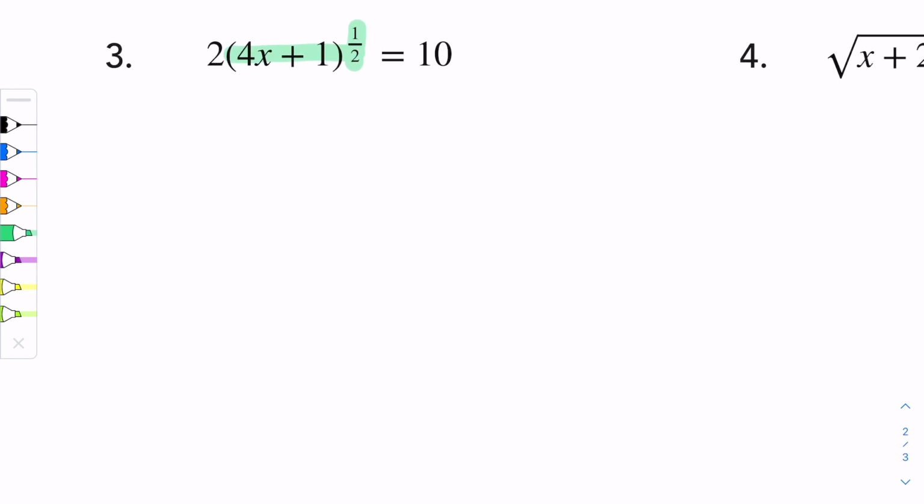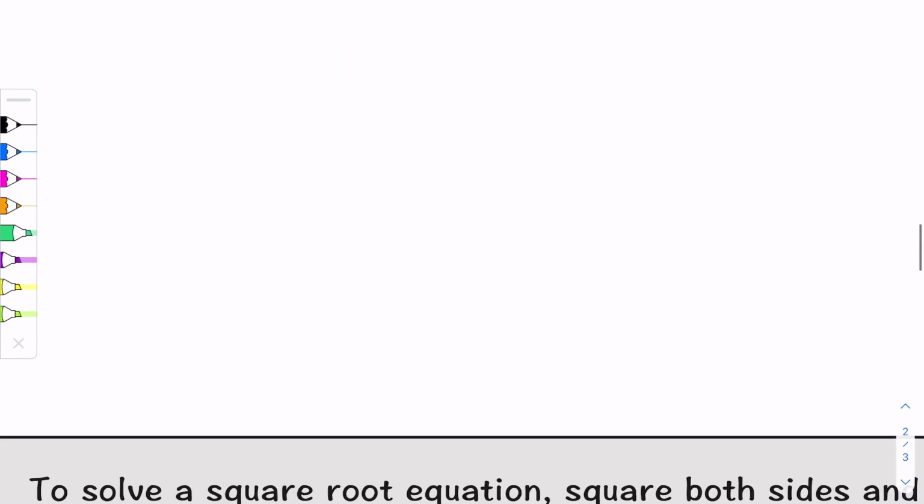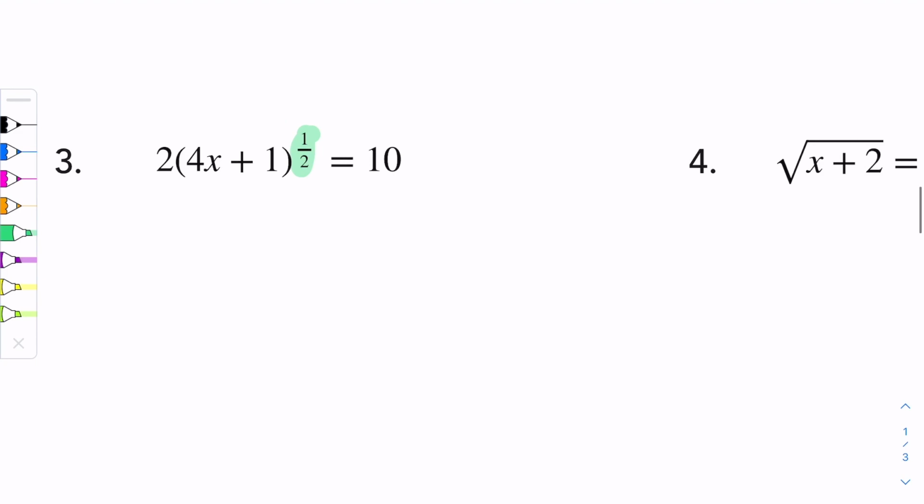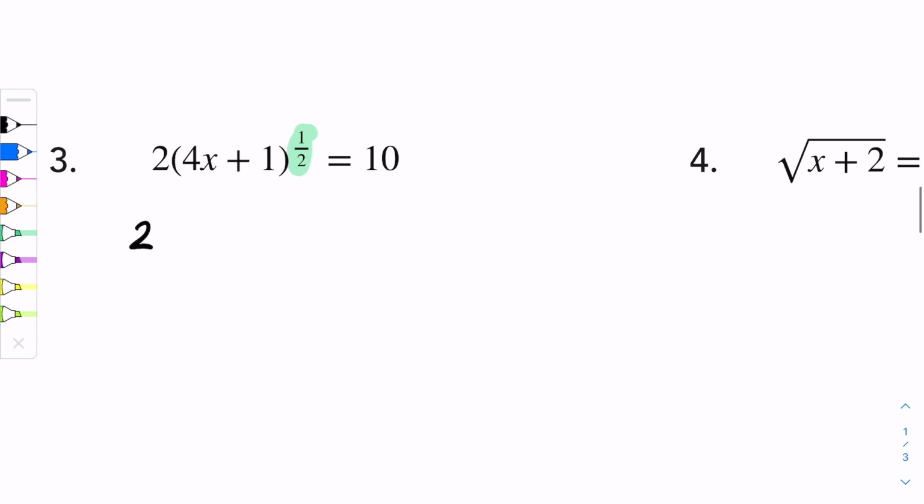So to start off with, for number 3, you need to recognize that it's not a square root, it's an exponent of 1/2. So you can either leave this as an exponent or you can convert it to a square root, because remember that an exponent of 1/2 is a square root. So that's what I'll do here. I'll rewrite 4x plus 1 as the square root of 4x plus 1, and this is equal to 10.